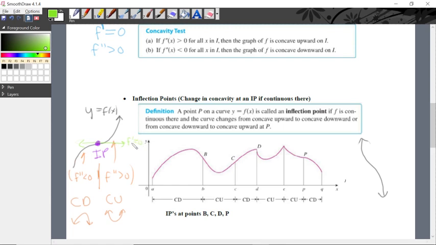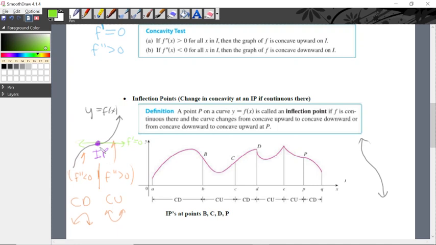But the first derivative doesn't necessarily have to equal 0 when the second derivative equals 0, which it could right here. If the second derivative changes continuously from negative to positive, we would expect it to go through a value of 0. The second derivative is 0, but really we just need the function to be continuous there.